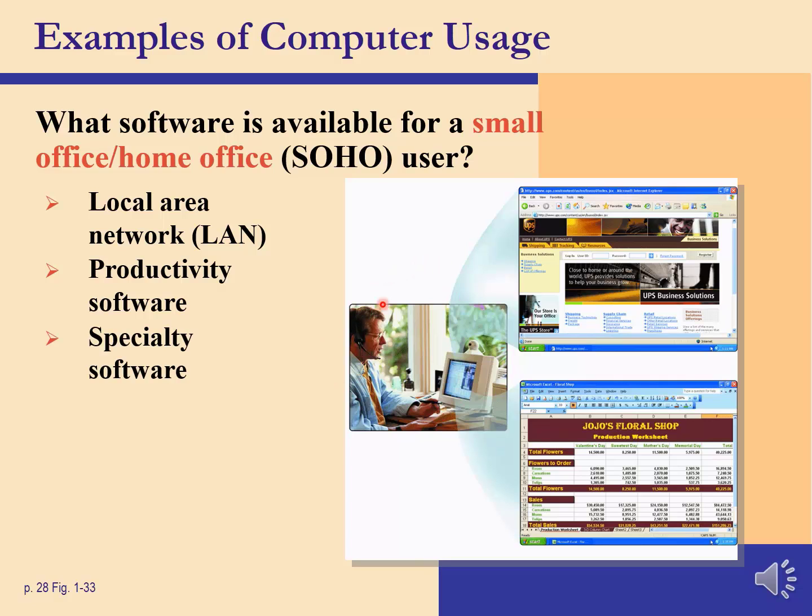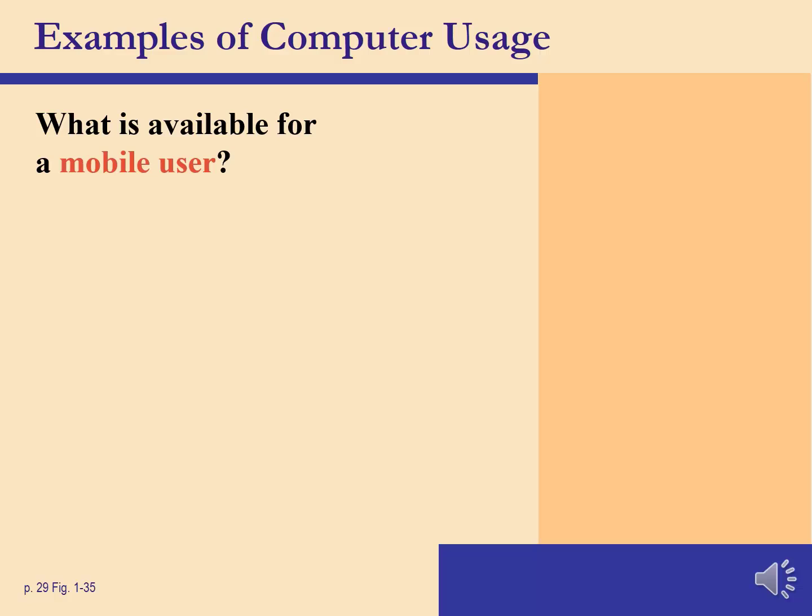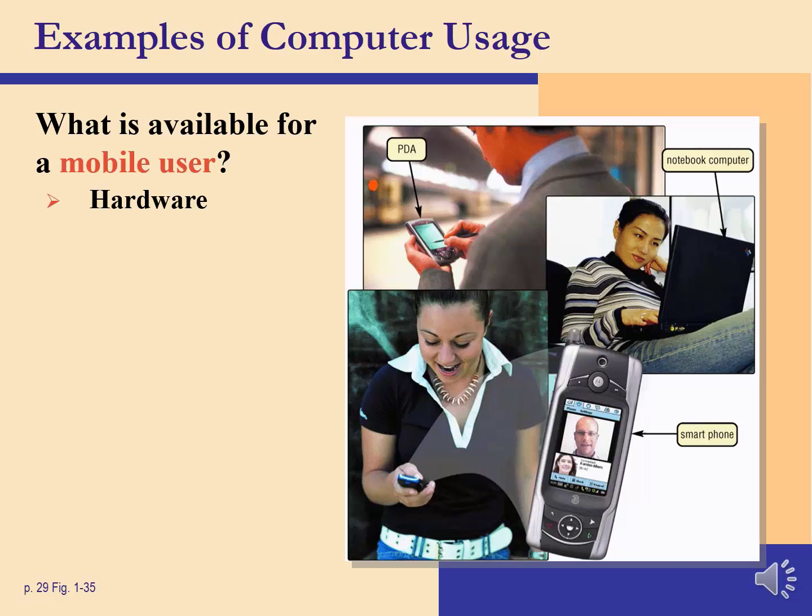In a small office, maybe you need some applications like office programs and special software or applications for the company. You also need a LAN, local area network. You also need web and email. Example of computer usage. What is available for mobiles? Hardware and software. This is what you need in the mobile device.